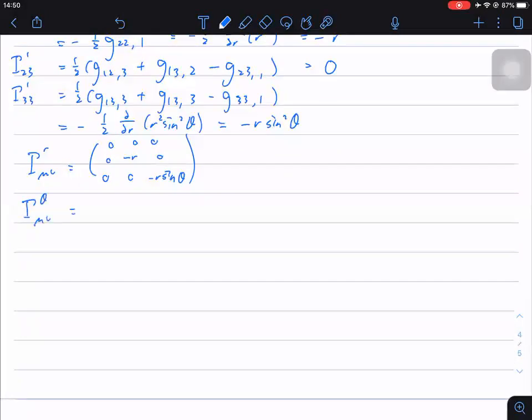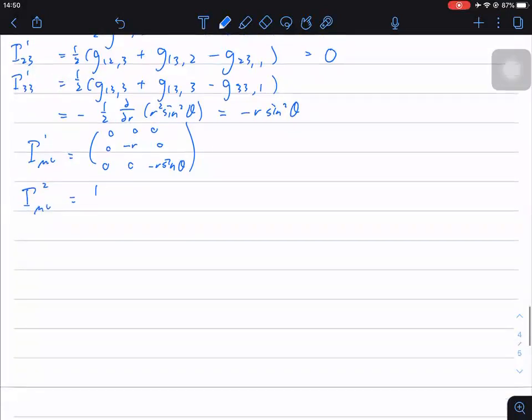Theta mu nu. Again, let me use 1 here and 2 here. Again, half of G2 rho, G rho mu, G rho nu, and minus G mu nu.